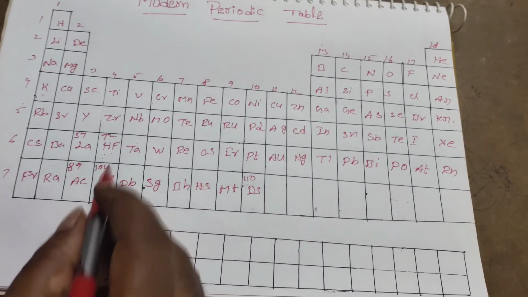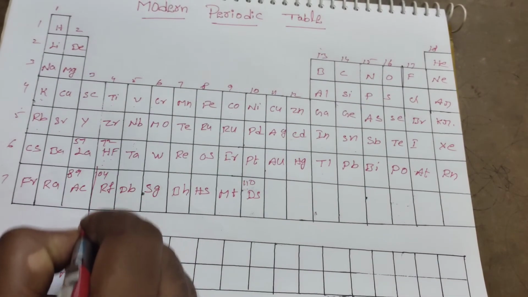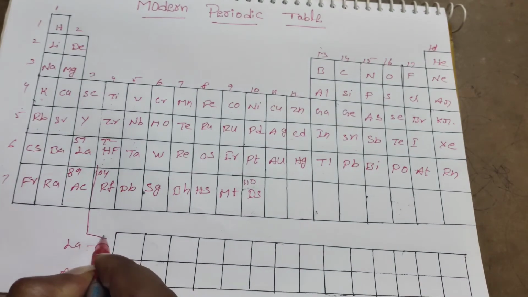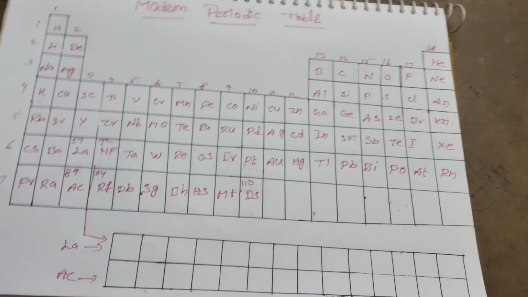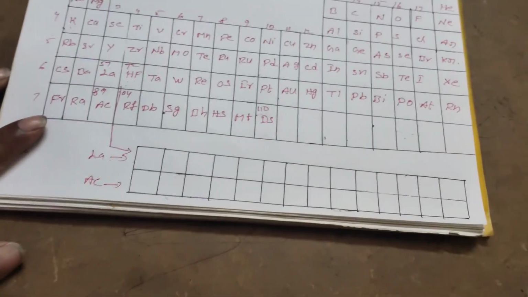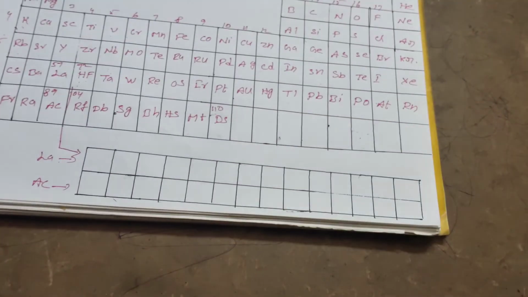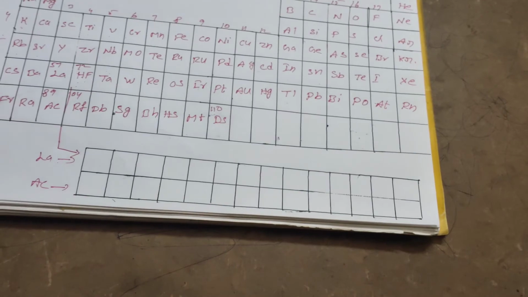The 14 elements after lanthanum are called the lanthanides. So we will discuss the lanthanides here.